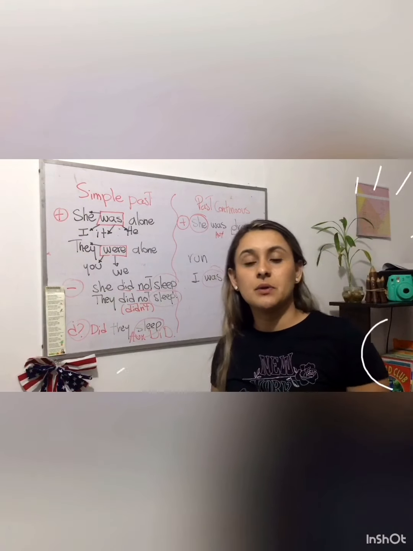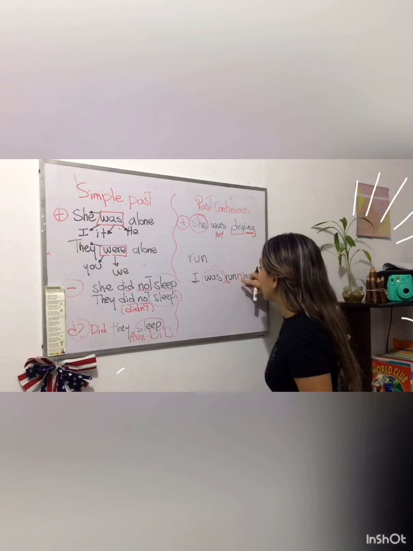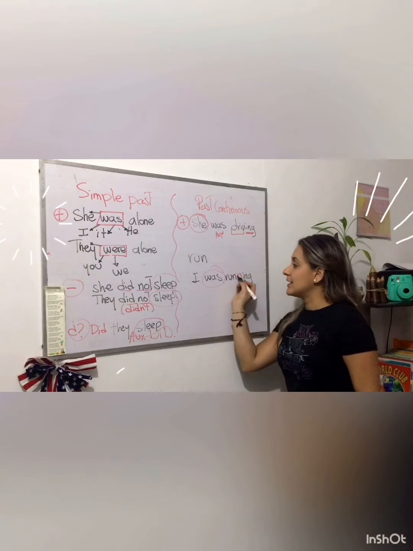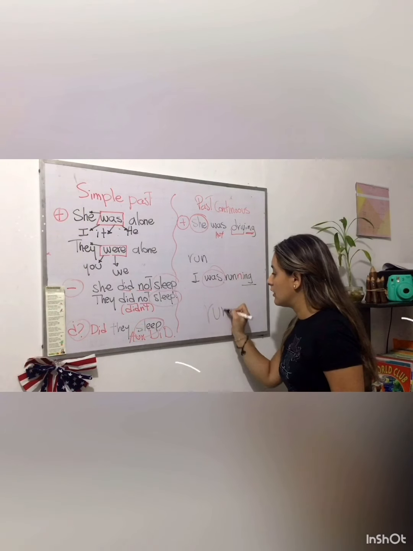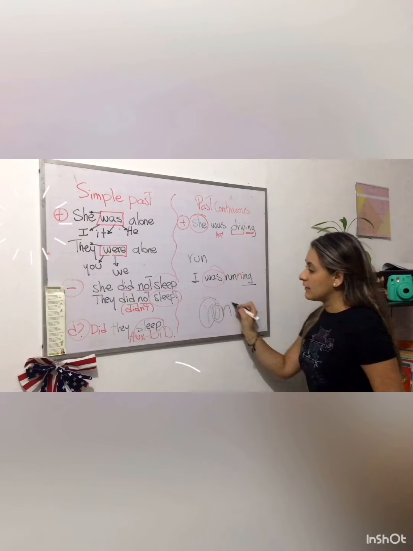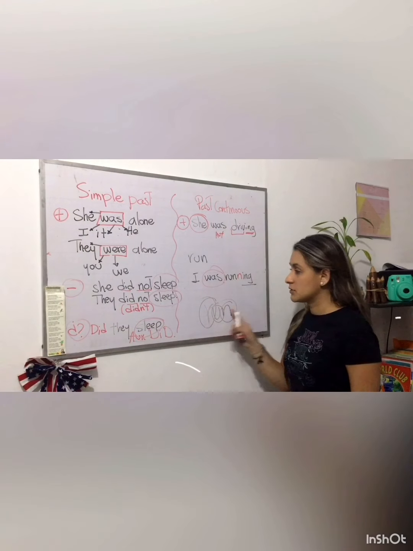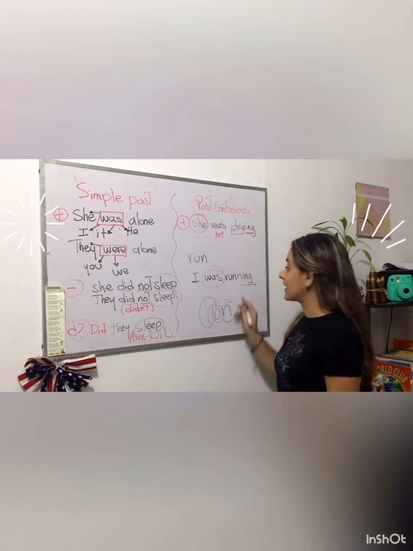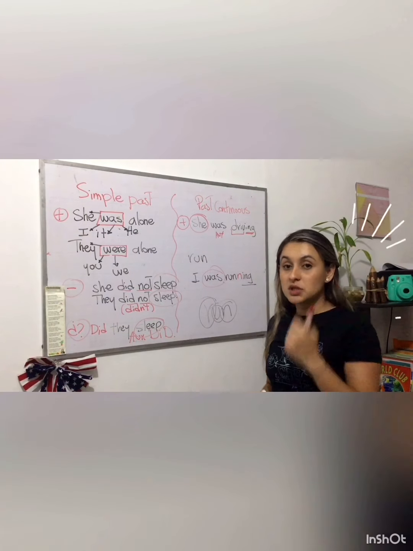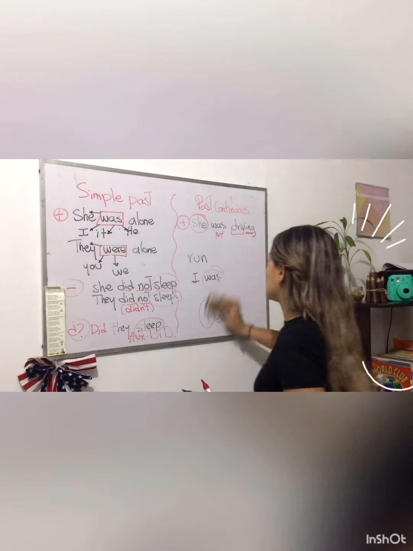You need to use double N. Tienen que doblarle la última letrica. Porque, chicos, fíjense acá. En esta palabra run tenemos consonante, vocal, consonante. Cuando las palabras terminan en consonante, vocal, consonante, si le quiero agregar ing, le tengo que doblar la última letrica. Okay? You need to double the last letter, right? So you need to pay attention to it.